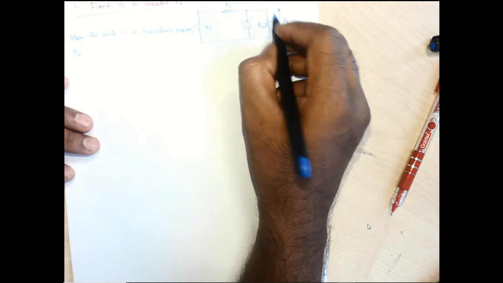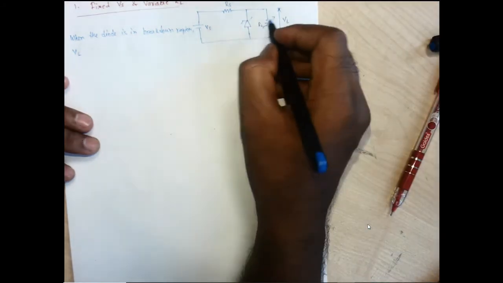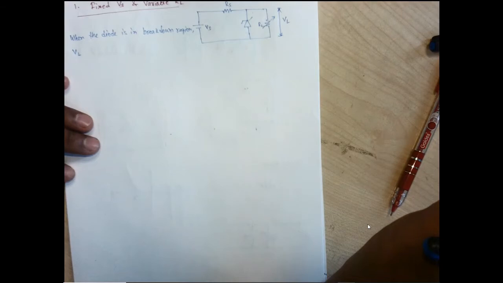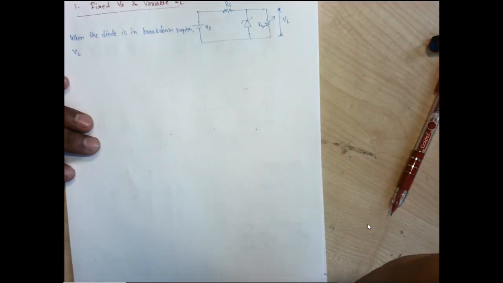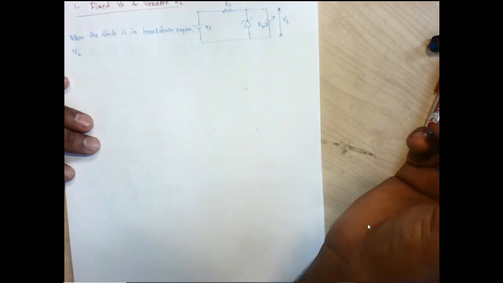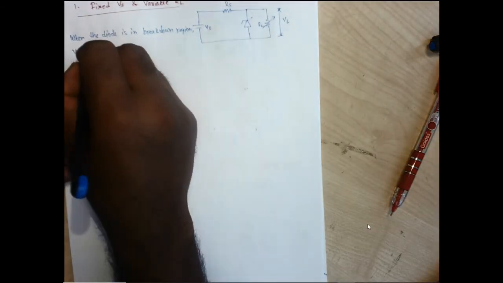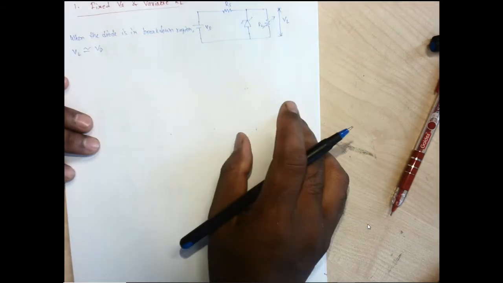As this RL is connected in parallel with the Zener diode, the voltage across RL will be fixed whatever the value of RL is, because a voltage source is connected across it. So the voltage on this node will be the same. We can write VL equals VZ.